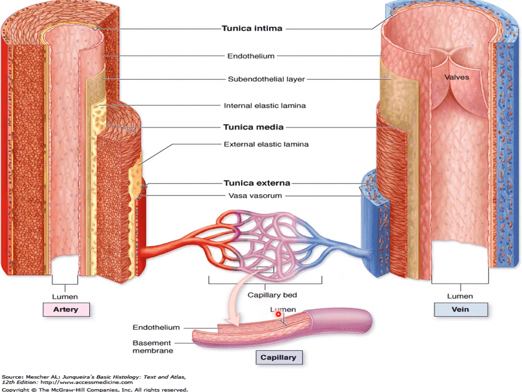And at the exchange level, the capillary bed, the capillary is composed of just a single layer of endothelium plus its surrounding basement membrane. So that is only a single layer of simple squamous epithelium making up the capillary, and that's how exchange from the capillary bed is very pronounced and important.